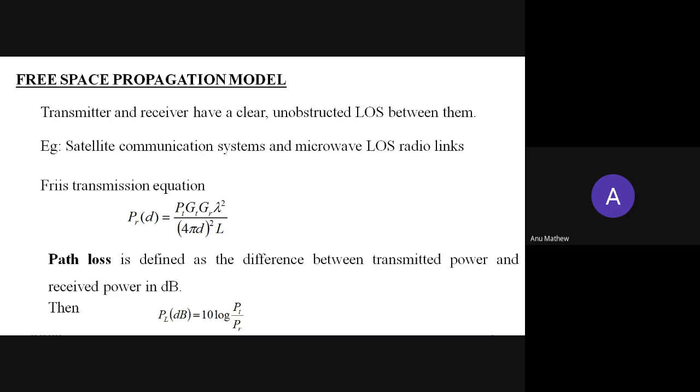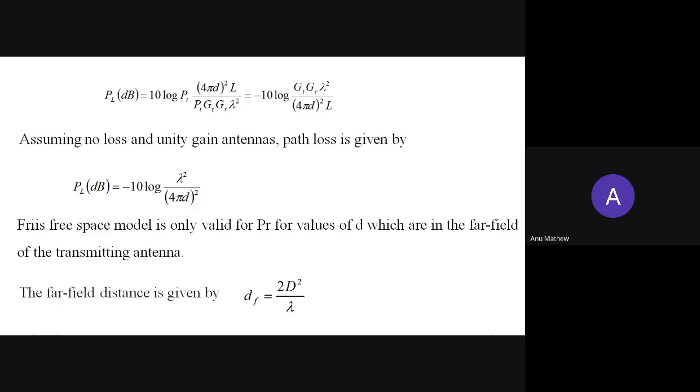Substituting for Pr, we get 10 log Pt minus 10 log of Gt Gr lambda squared divided by (4 pi d) whole squared times L. This is the equation for path loss.